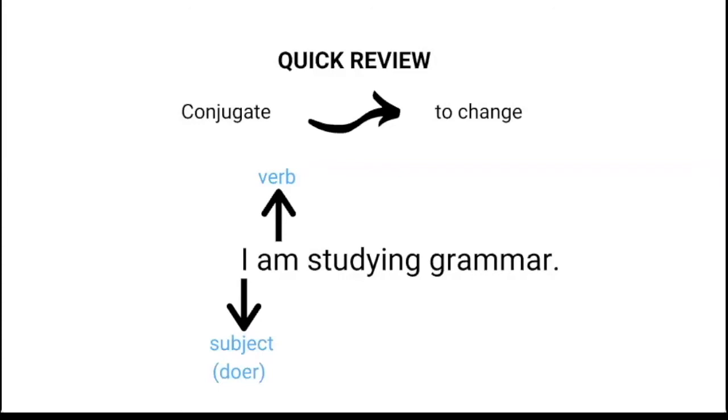We use I am studying grammar. Okay? So if the subject is he, she, or it, then we use is. If the subject is you, we use are. If the subject is we or they, we use are.